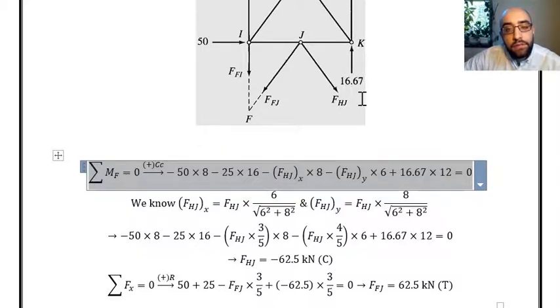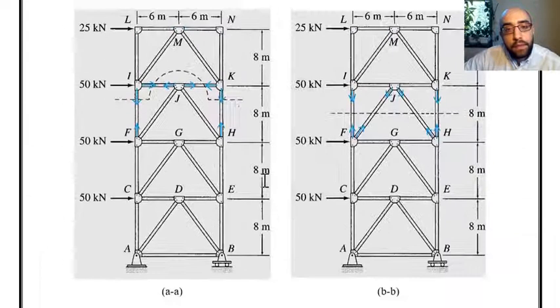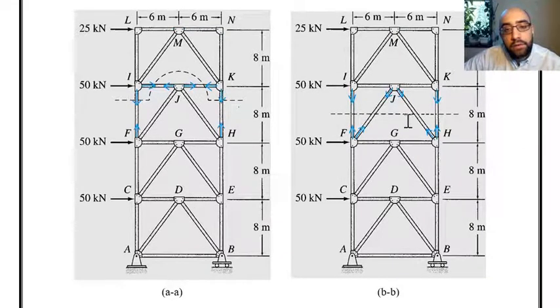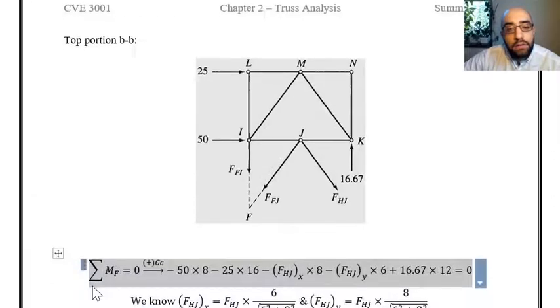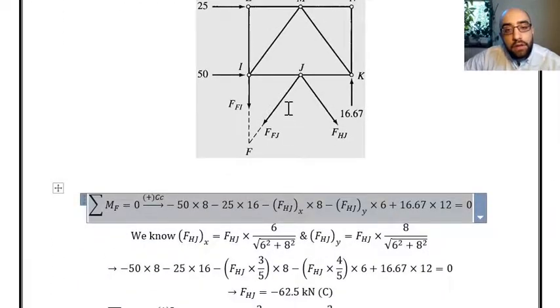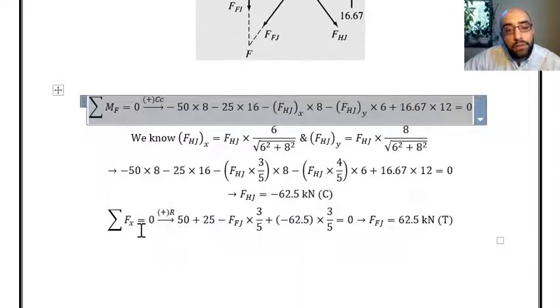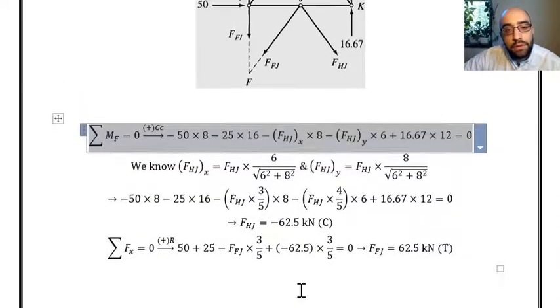So far, we could find the force in member HK. Then we could find the force in member HJ. And as you can see, if I consider the summation of forces in x direction, the unknowns will be FFJ and FHJ, which we already found. So summation of forces in x equal to 0.